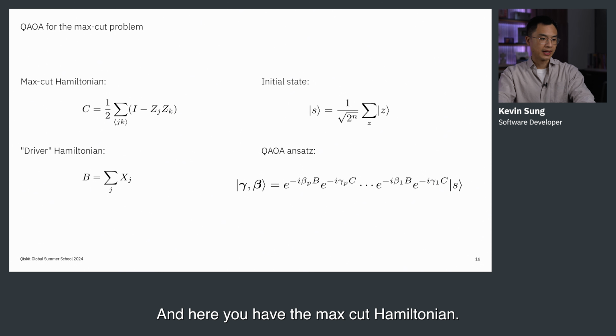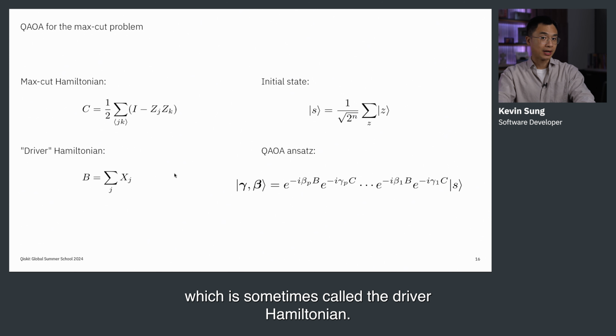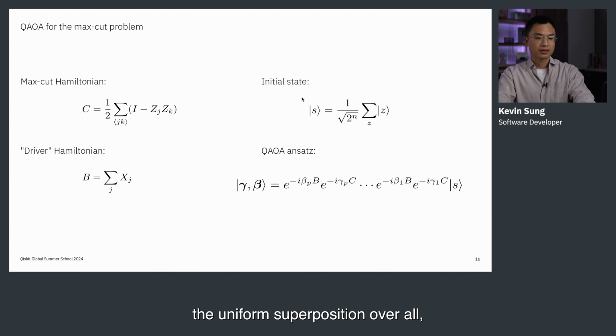And here you have the max cut Hamiltonian, but you also have another Hamiltonian, which is sometimes called a driver Hamiltonian, and it's the sum of single qubit X operators. And you have an initial state, which here is the uniform superposition over all computational basis states.